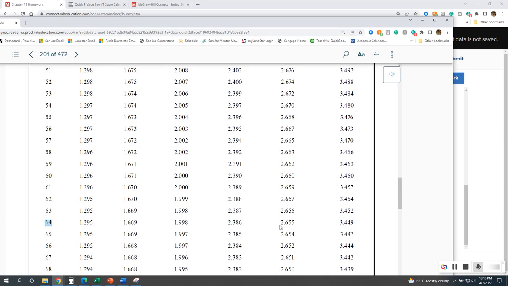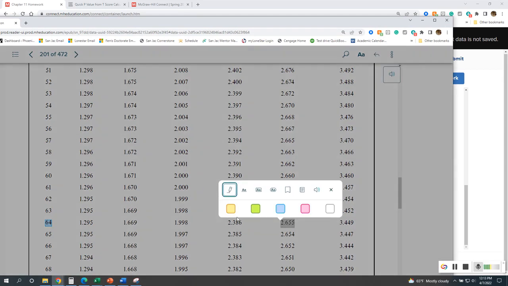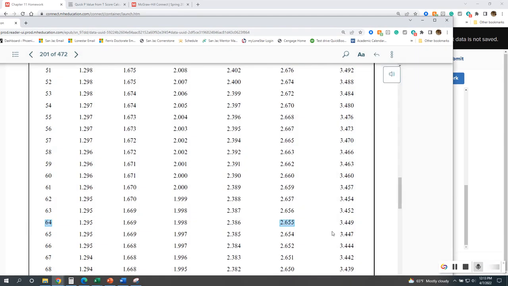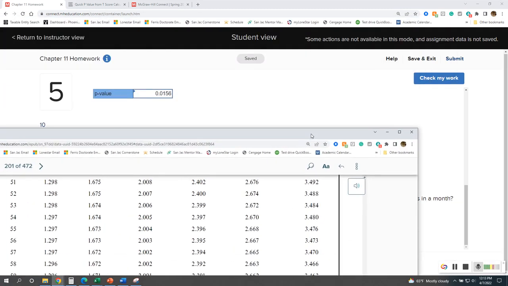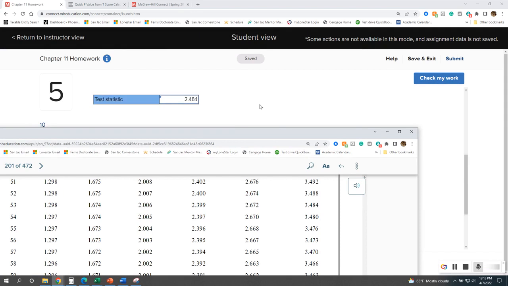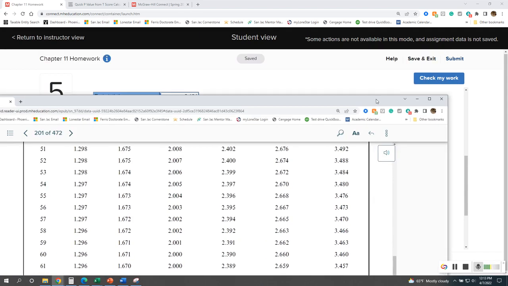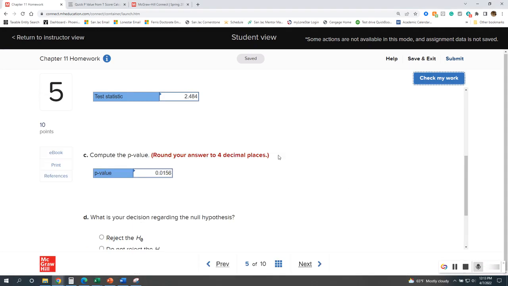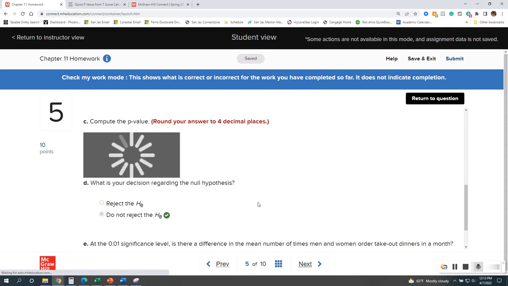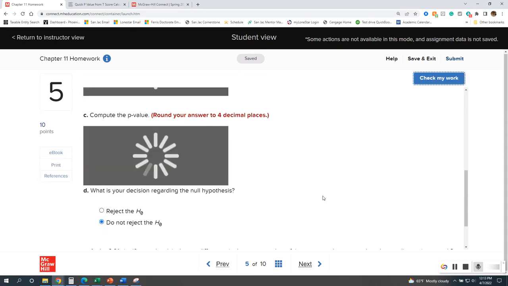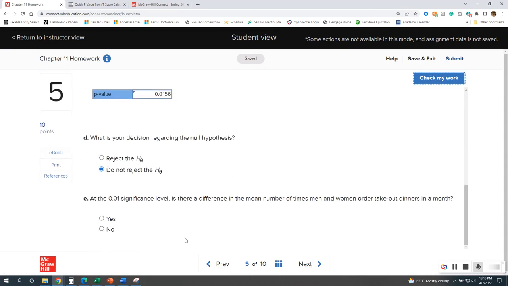Okay, 64. So it should have been 2.655. This is what we're going to reject. And we currently have 2.484. So we do not reject. It's not greater than the 2.655. Do not reject.